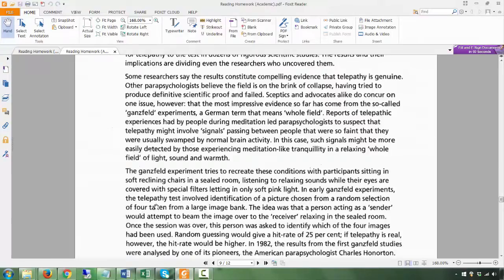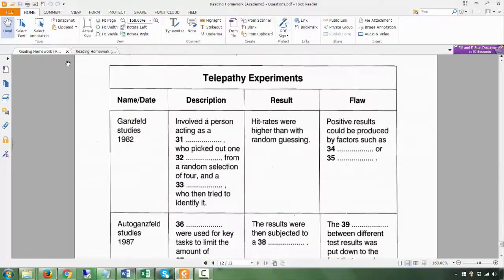The idea was that a person would attempt to beam the image or picture. Both image and picture mean the same thing here. So who picked out an image is one possible answer, or picture, not both of them, but one of them, from a random selection of 4, and who then tried to identify it, a what?